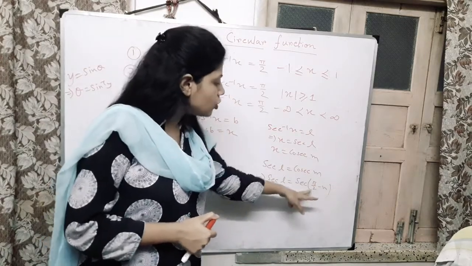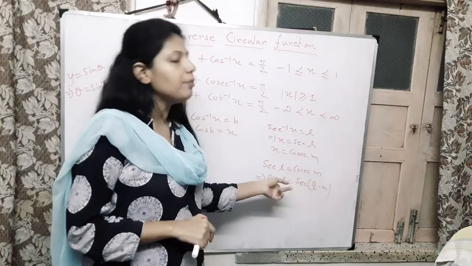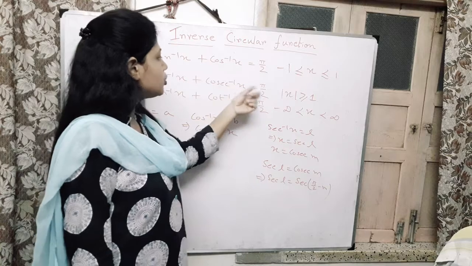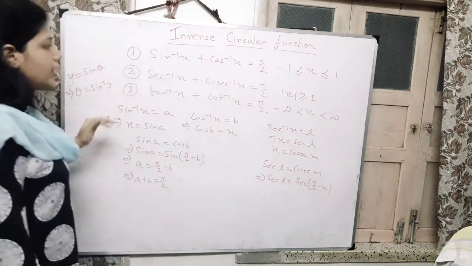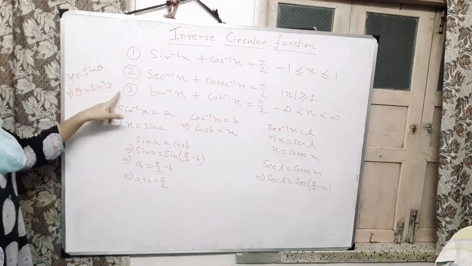So L equals pi by 2 minus M. That means L plus M equals pi by 2. So these three you have to memorize. Please note down. And these three proofs you will do in your copy.